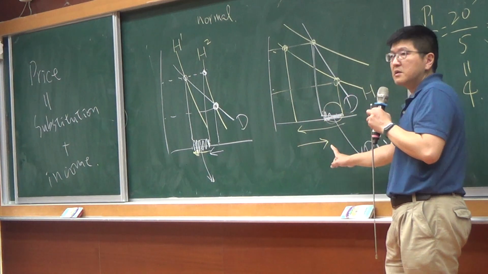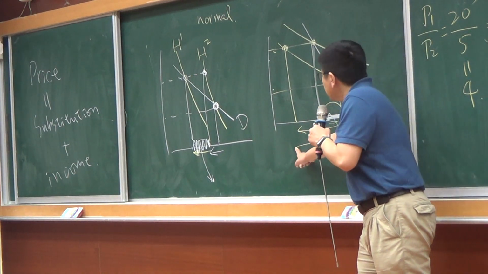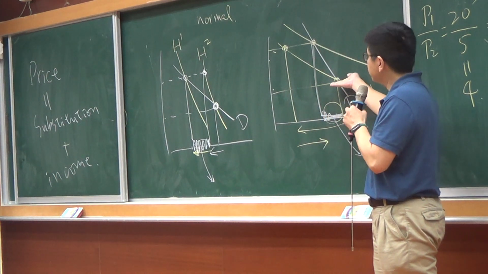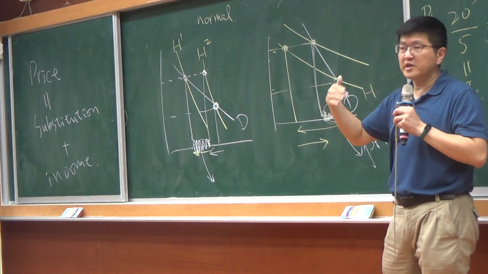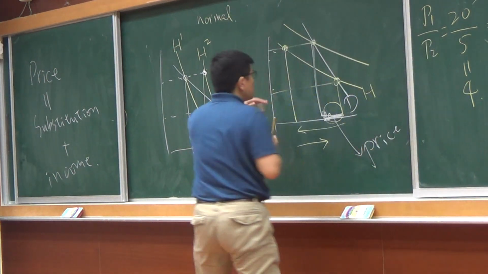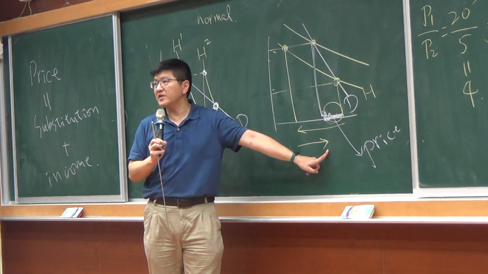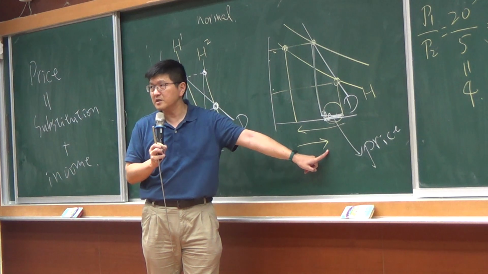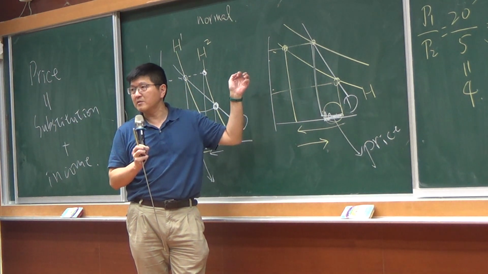Pure substitution, income effect. All right, now the same as before. The price goes up, your real income will be cut. You'll feel poorer, right? But however, you consume more, so this kind of income effect means the good is an inferior one, right?